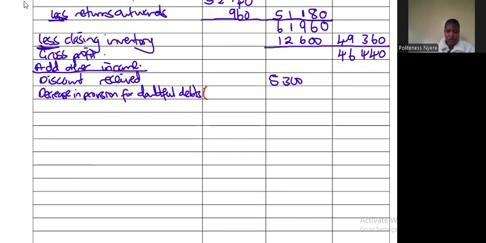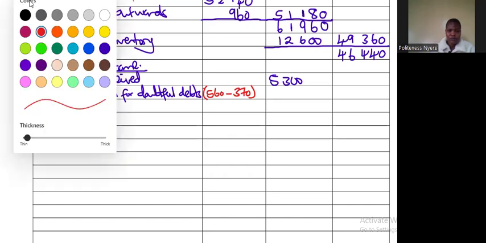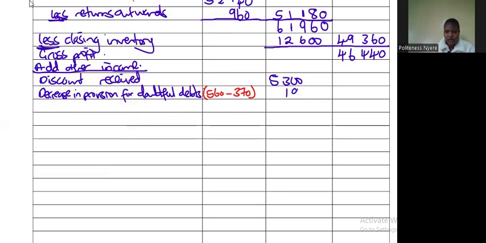No worries, I'm going to write it in the second column. So it's going to be 560 minus 370. We got 370 when we calculated. So the difference there is 190. Now we are supposed to add the 2.